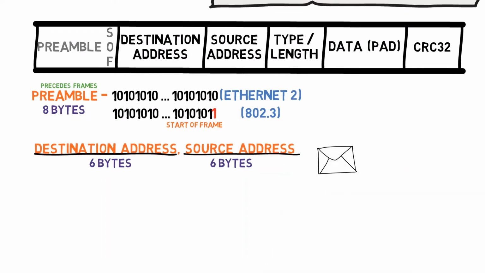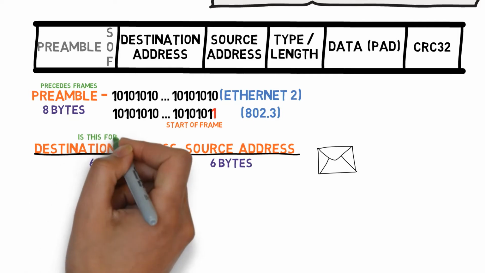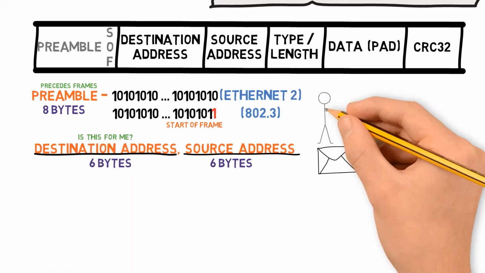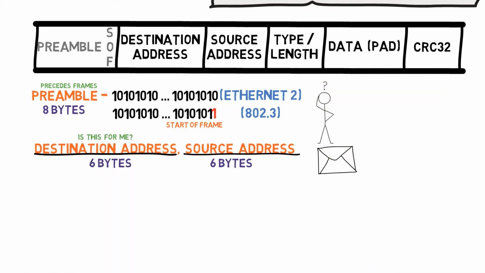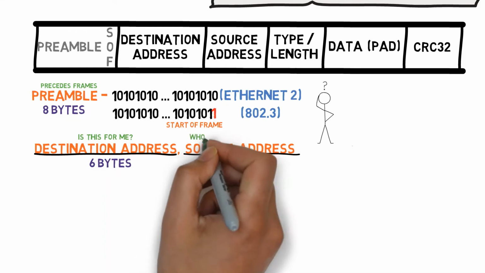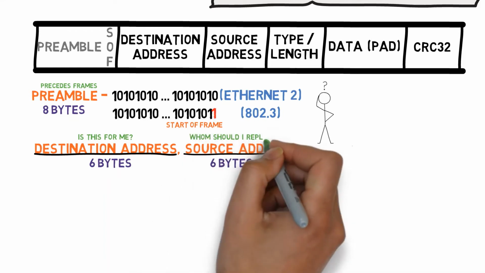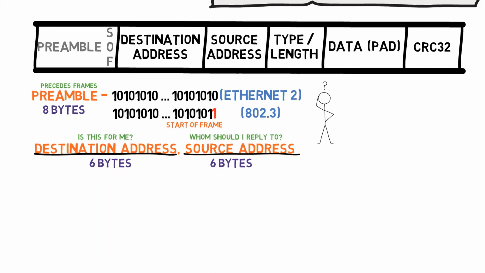The very first thing a device is likely to do with the frame it has received is checking whether this frame is destined to it or not. If the frame is not destined to this device, it can be simply dropped. Why is the source address important? Well, to know whom we should send a reply to, if necessary. This source address also plays a role in the way some network devices are implemented, as we'll see in future videos.